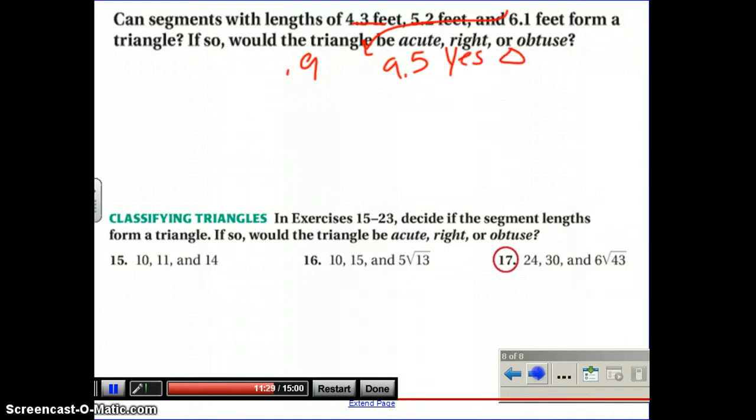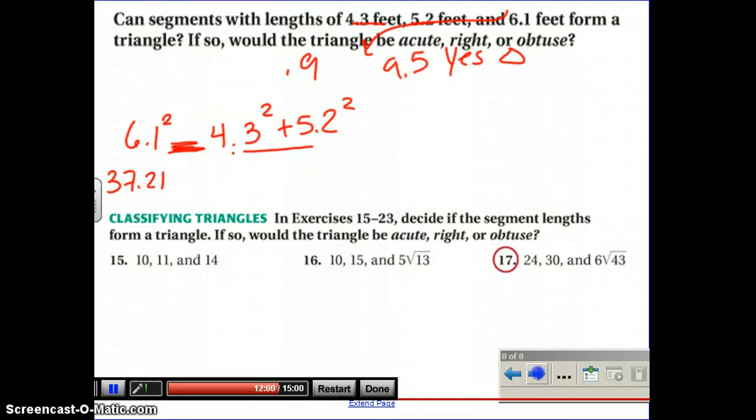Now, if so, is it going to be right, acute, or obtuse? So let's see. 4.3 squared plus 5.2 squared. Now, they're my a's and b's, because they're my shorter two. I'm going to write those on the right-hand side this time, and I'm going to do c squared over here. And I leave this part blank because we don't know if they're equal, greater, or less. So let's do that math. 6.1 squared is 37.21 approximately.